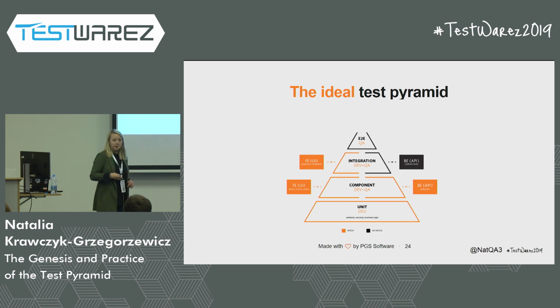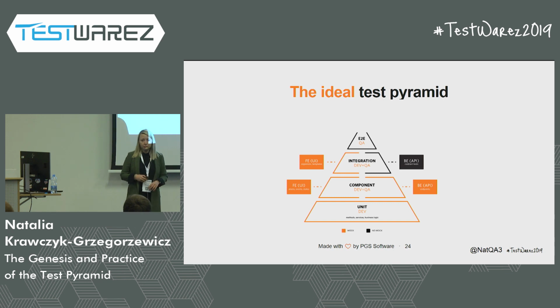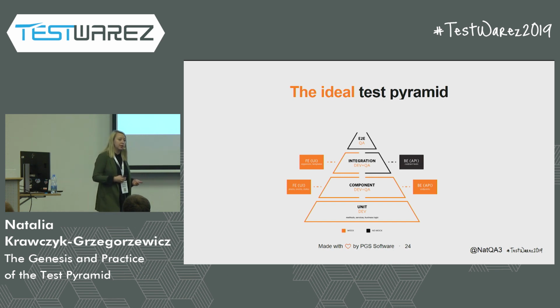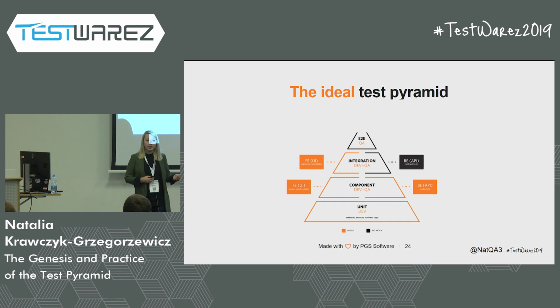But if we learn how to use the test pyramid, probably we'll skip some tests, because we still don't know what to test there. So that's why we still need the end-to-end layer, where we will check not again all the paths that we tested in here, but we'll focus on user flows. We'll check maybe one scenario for a user story, or maybe even one scenario per epic in here, not more.